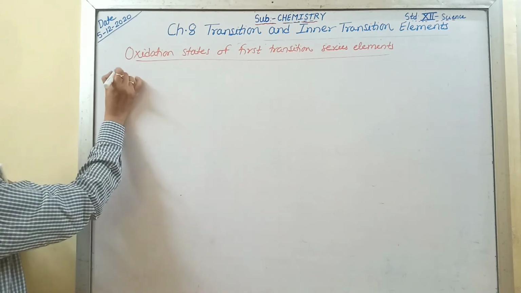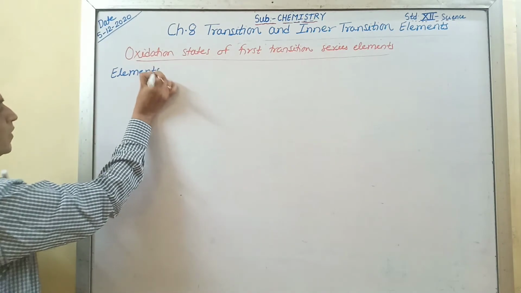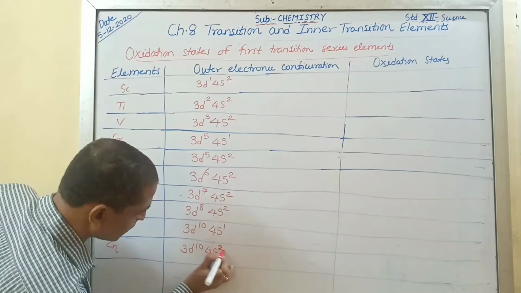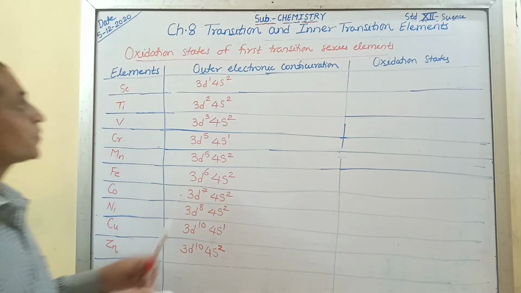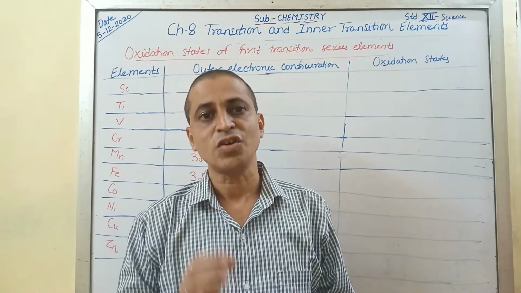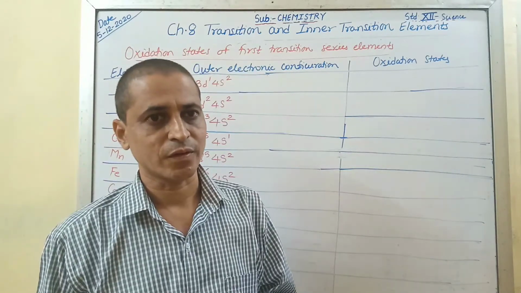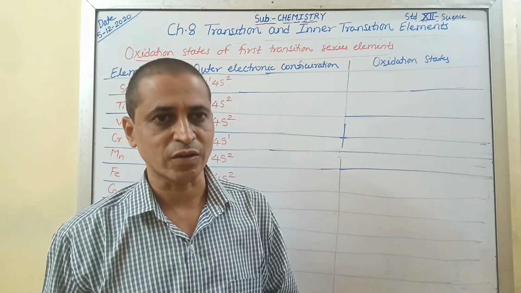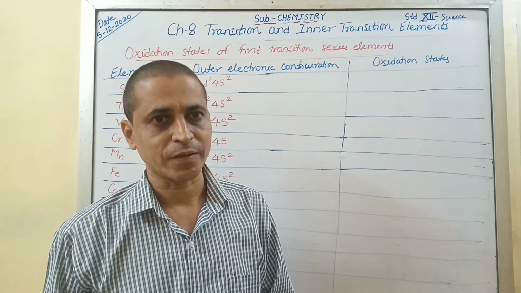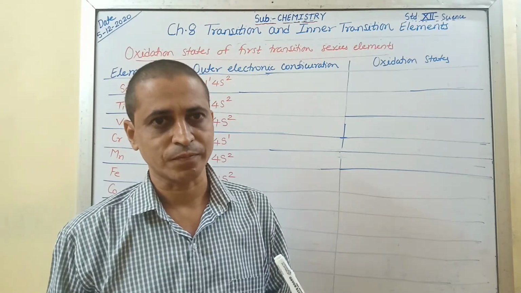Now see, the elements belonging to the first transition series show variable oxidation states, because of their general electronic configuration.